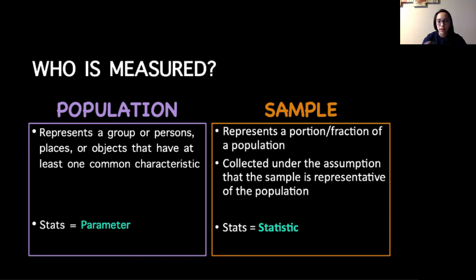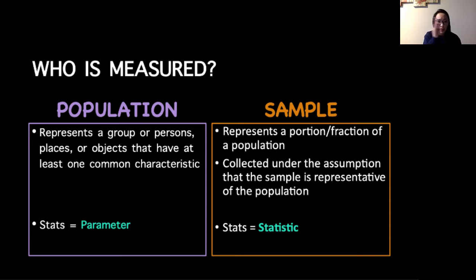What we primarily work with in kinesiology are samples. It's very, very rare you'd ever be able to collect an entire population, so usually the method of choice is to take a subset of that population, and we call that a sample. A sample represents a portion or a fraction of a population.